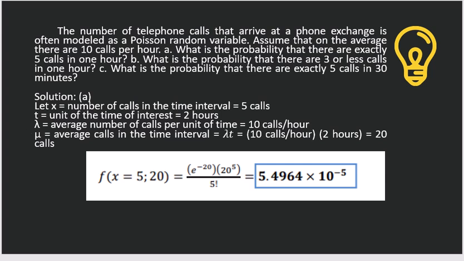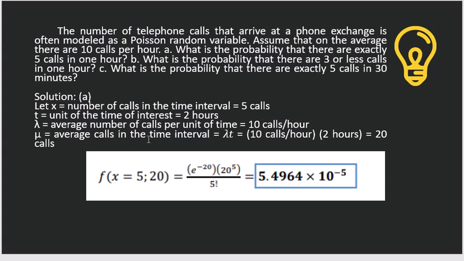For letter A, we have 5 calls as the required condition. The experiment is exactly in 1 hour, but the condition here is 2 hours. So where did the 2 hours come from? If we are going to do the computation, one is for 1 hour and the other is for exactly 30 minutes, so that is equivalent to 2 hours.